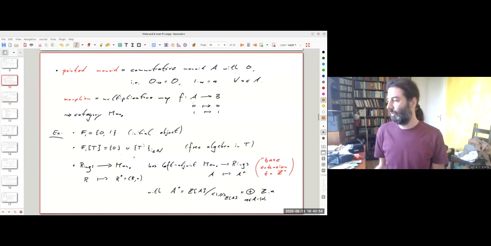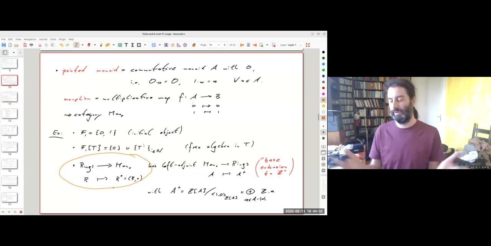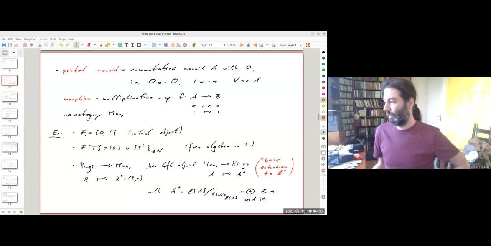Then another rich source of pointed monoids are rings, but just forgetting addition. Every ring has a 0. I mean, rings here are in the algebraic geometry sense, commutative with 1. And so we get a monoid with 0 and 1. And this has a left adjoint, a kind of free functor.